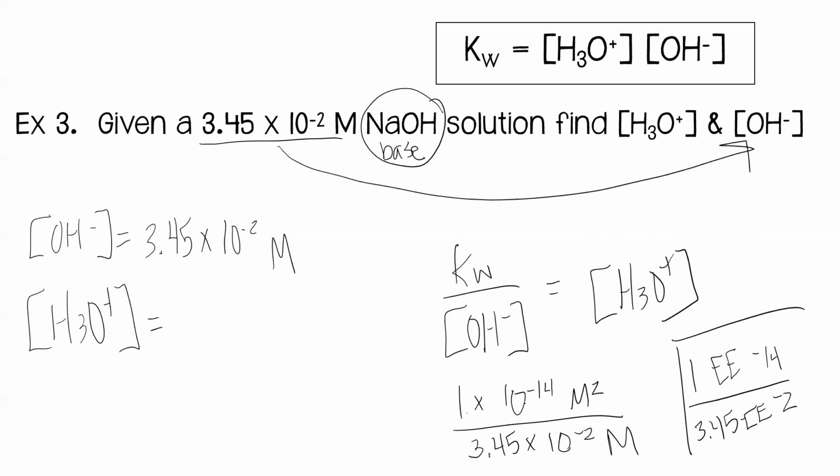EE takes the place of times 10. So sometimes it's just easier. So plugging that in your calculator, you get the hydronium ion concentration is about 2.89, 2 decimals, times 10 to the negative 13. Once again, you can check, multiply those together. You should get close to the Kw value.